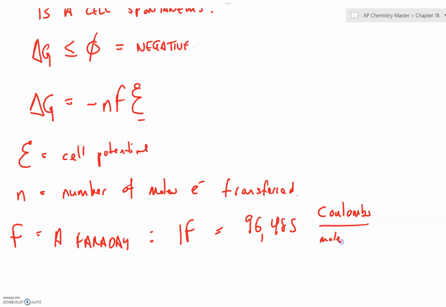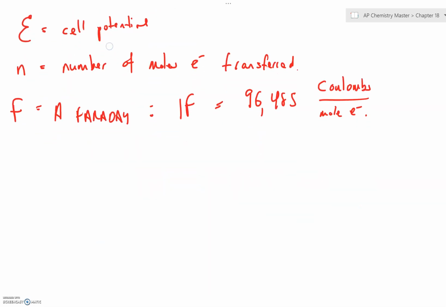Now, if you've never had a physics class, you've never heard this term before. Coulombs is simply a unit of charge.